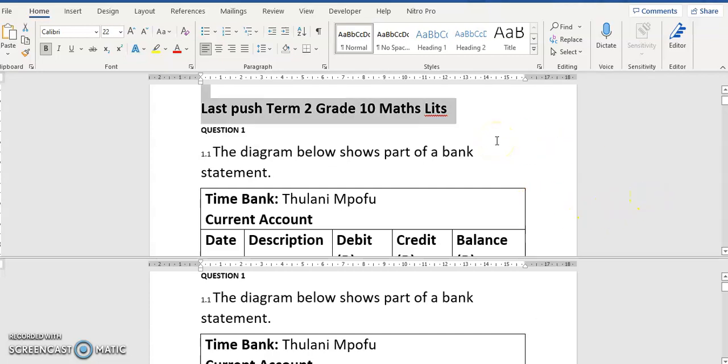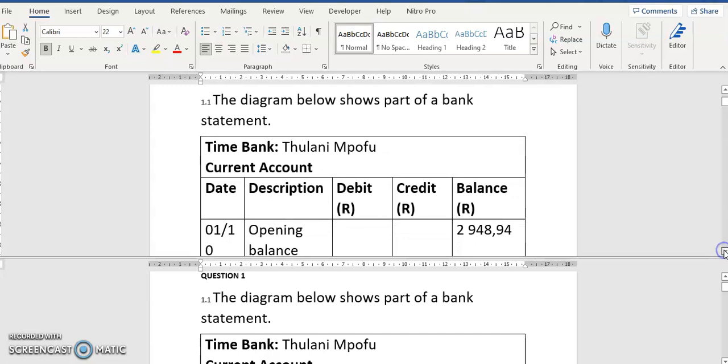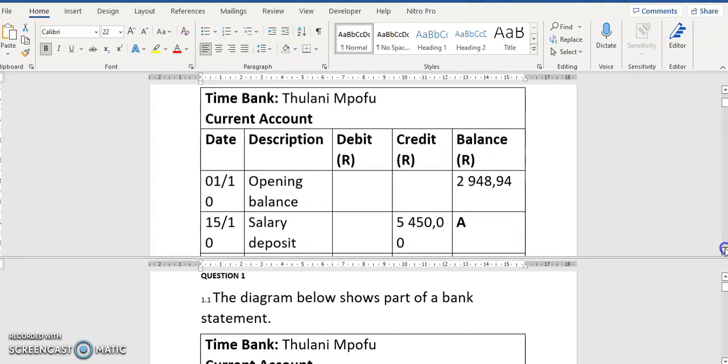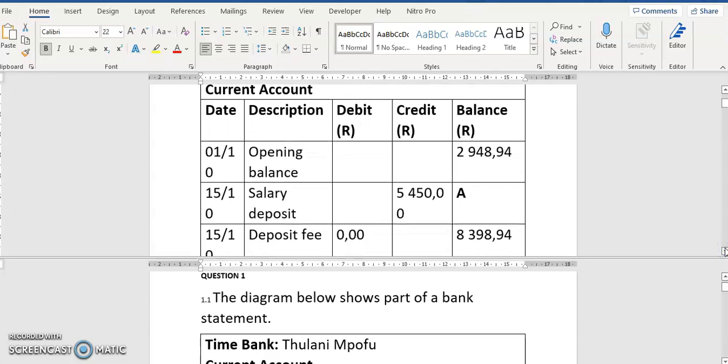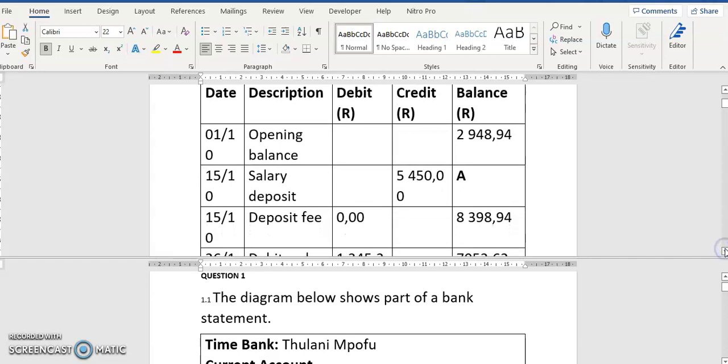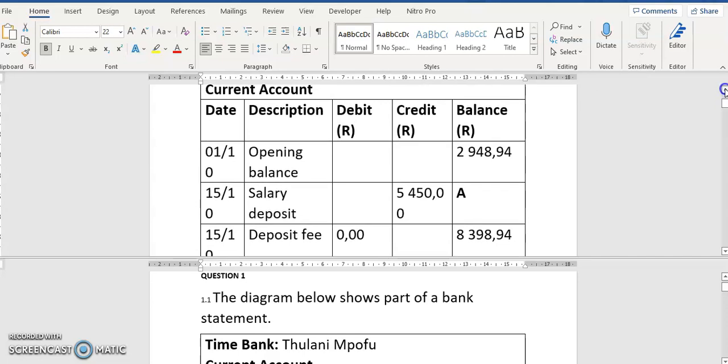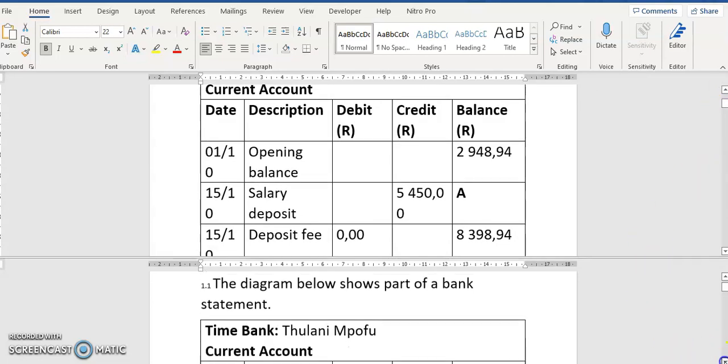Okay, the next thing that we are going to do is, let's go through this document. We have the Time Bank, Tulani Mpofu, current account. Then we have debit, credit, and the balance, description, and the date. I'm going to ask questions on this information.